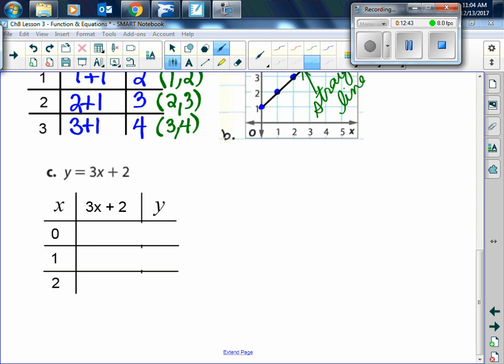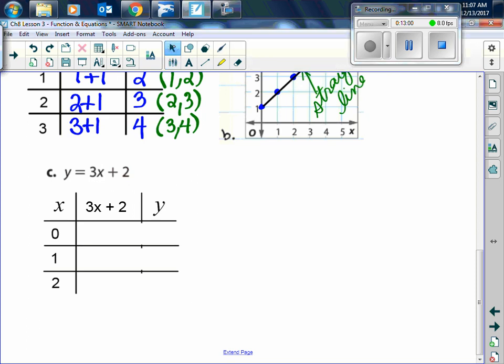All right, so do letter C, and then I'll show you the solution. So here, I already chose 0, 1, and 2 for your function table. We're going to substitute and simplify.